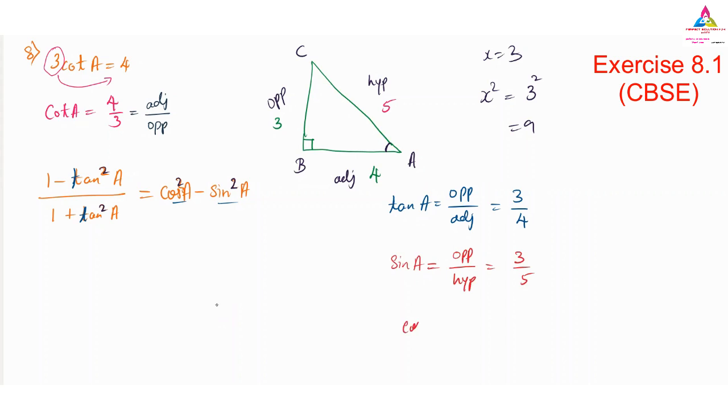Similarly for cos, cos is equal to adjacent divided by hypotenuse. Adjacent is 4, divided by 5. So these are the basics we have to write. Tan A is 3 by 4, sin A is 3 by 5, and cos A is 4 by 5.